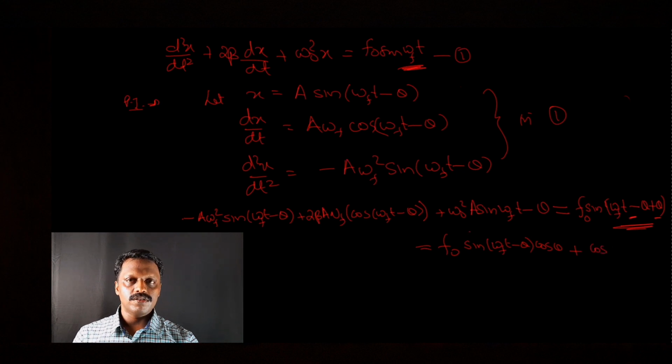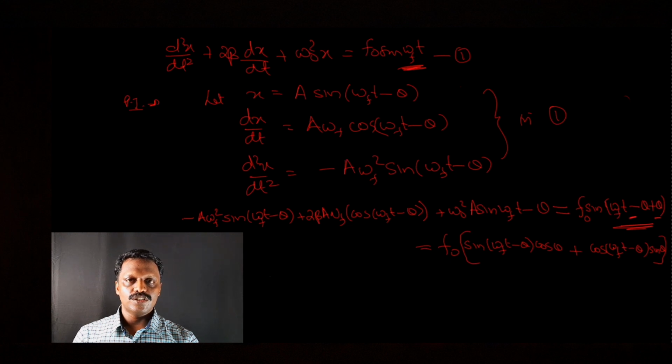F_0 is common, so we can take F_0 common and write. We have done this because the LHS terms, after taking the first and second derivative, consist of sin(ω_f t − θ) and cos(ω_f t − θ). The equation looks bigger now, but we can easily simplify by taking the coefficients of cos(ω_f t − θ) and sin(ω_f t − θ). So from LHS and RHS, let us take the coefficients and write.